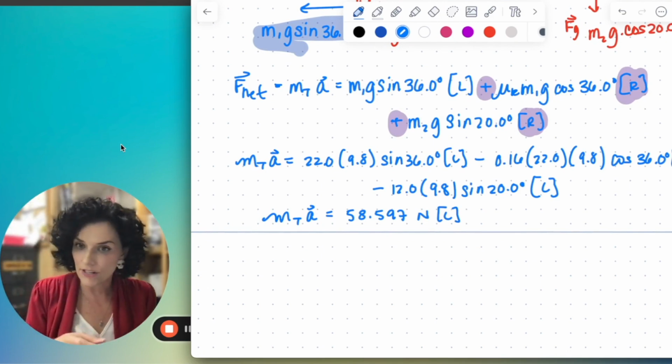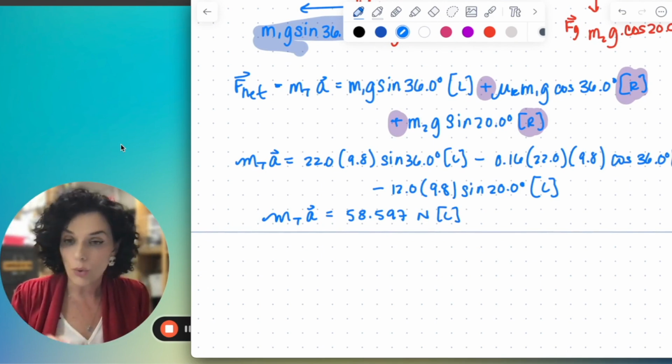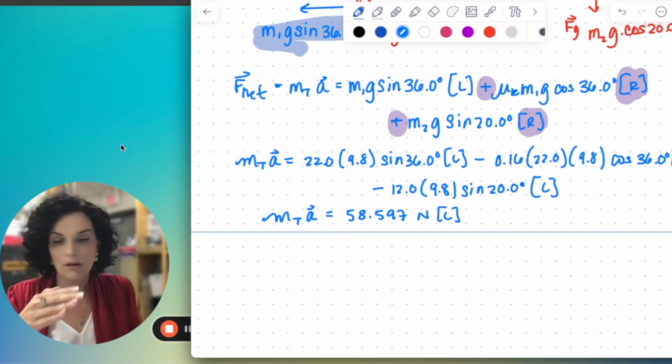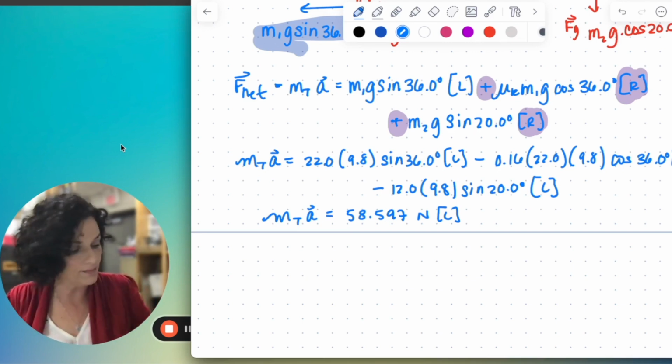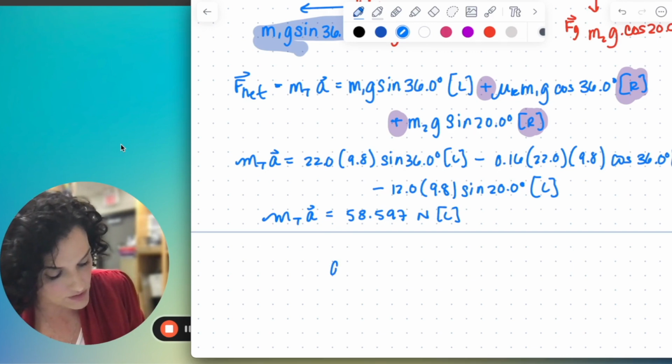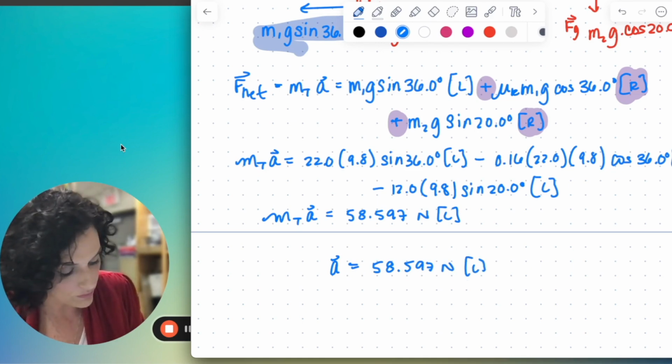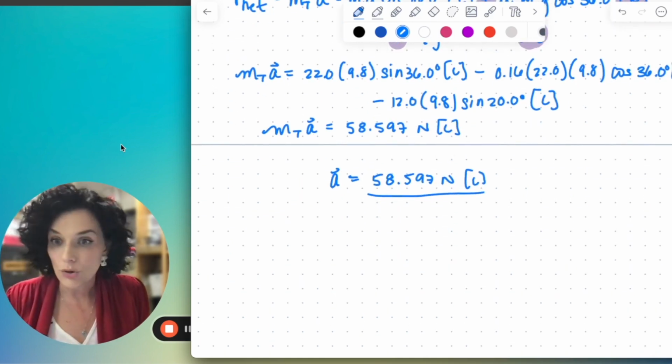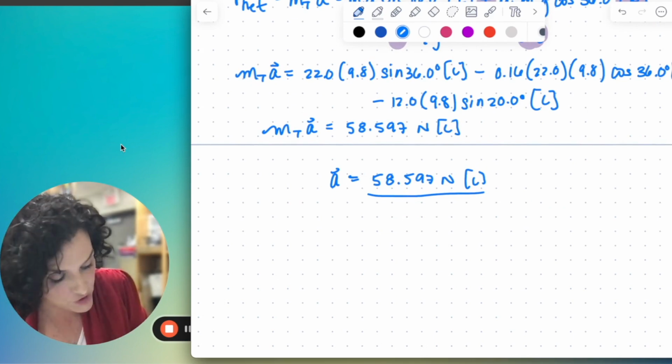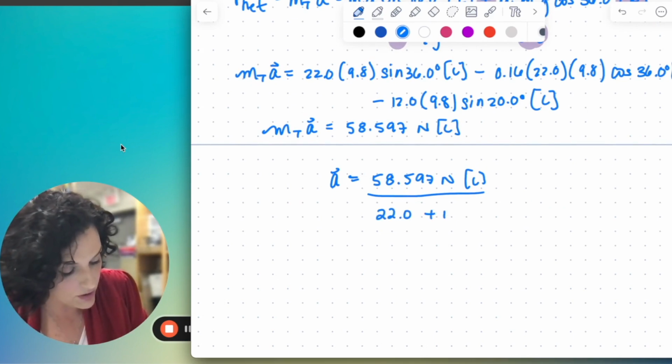I want to get acceleration, so I have to divide everything by my total mass, because again, this system is traveling as one. So the acceleration of my system is going to be 58.597 newtons towards the left, and I'm going to divide that by my total mass. So that's going to be 22 plus my 12 kilos.